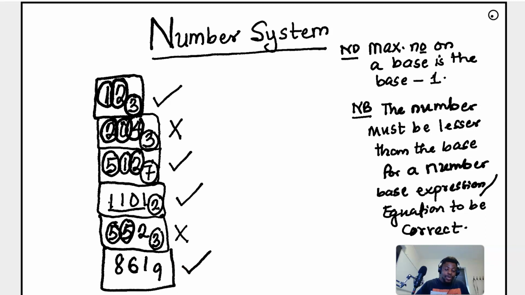Correct. So you can see this is the application of knowing the maximum number you can have on any of those bases that we discussed earlier on. Now, the next phase of this video is going to be giving you some questions and you tell me if it is a correct expression or a wrong expression.